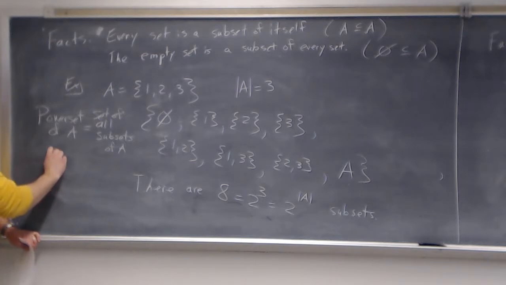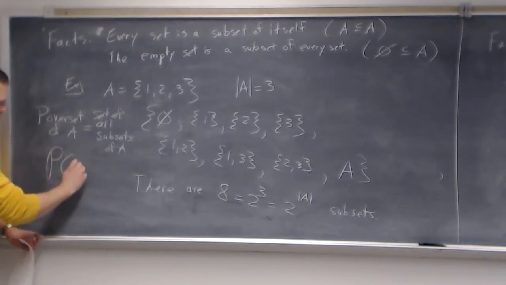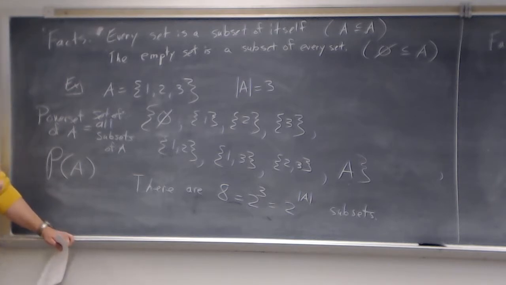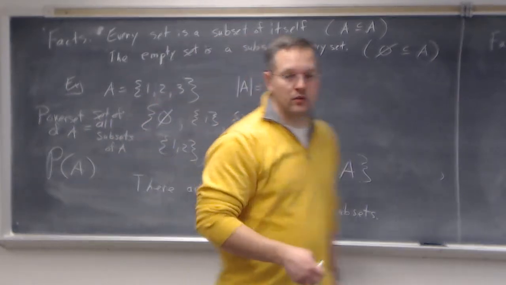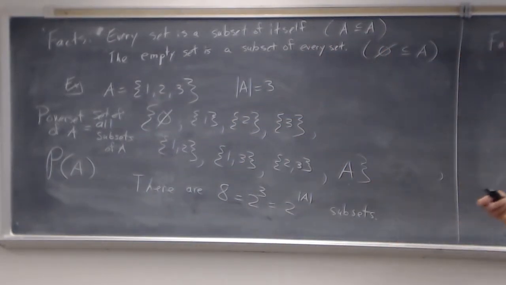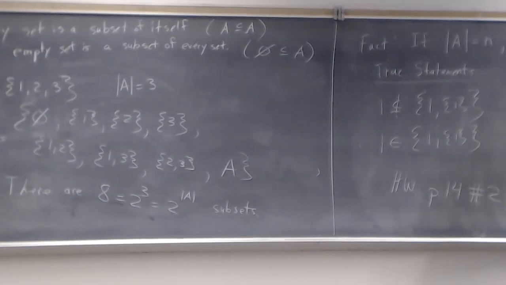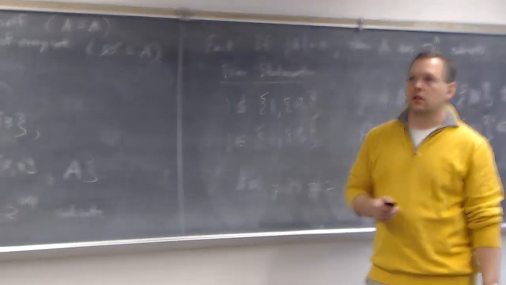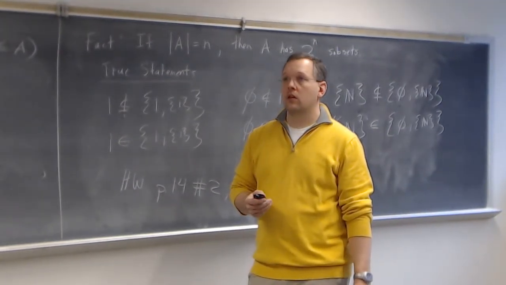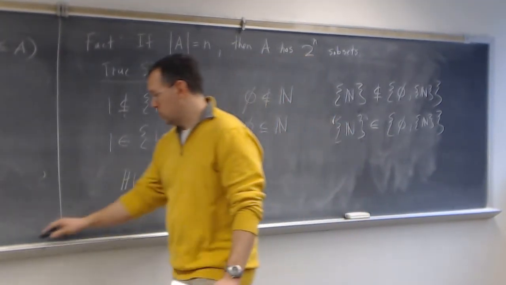Notation is like a cursive P. It kind of looks like function notation, P of A. So that's notation for the power set of A. So this is another common object used in set theory.